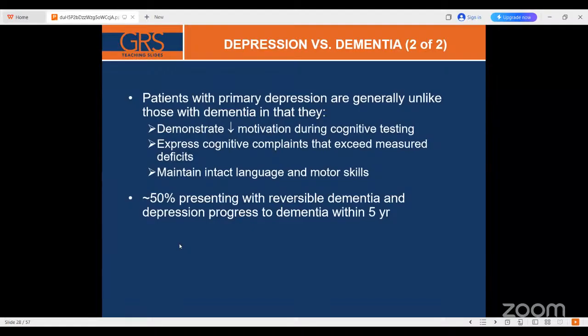Patients with primary depression, unlike those with dementia, demonstrate decreased motivation during cognitive tests, express cognitive complaints that exceed measured deficits, and maintain intact language and motor skills. 50% of presentations with reversible dementia and depression progress to dementia within 5 years.